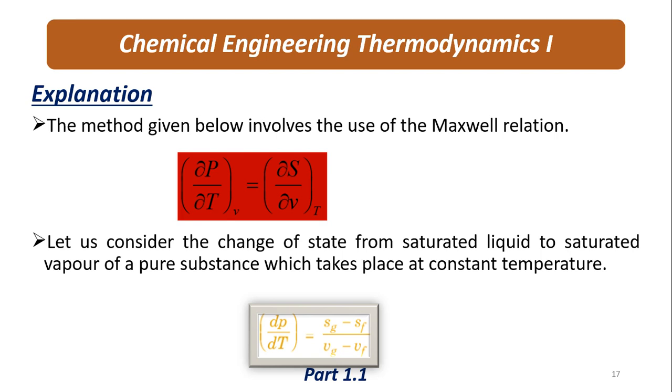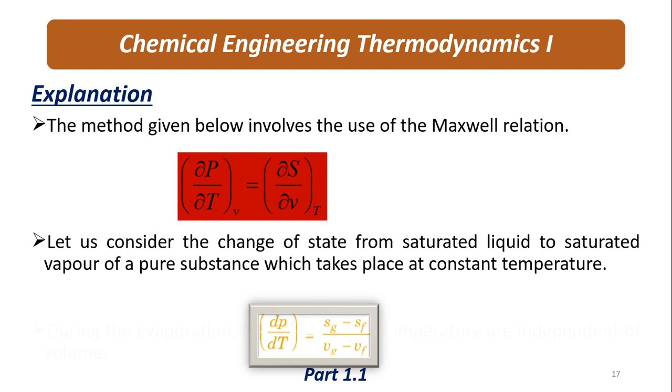So Sg minus Sf, which means the entropy of the gas minus the entropy of the fluid, divided by the specific volume of the gas minus the specific volume of the fluid.